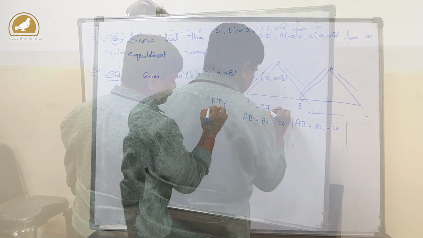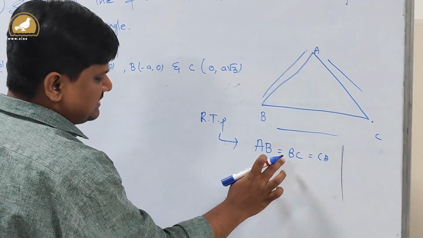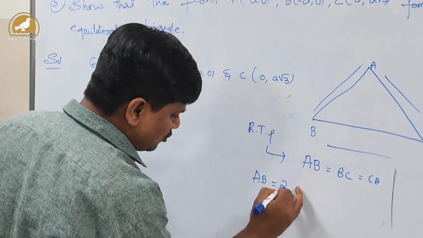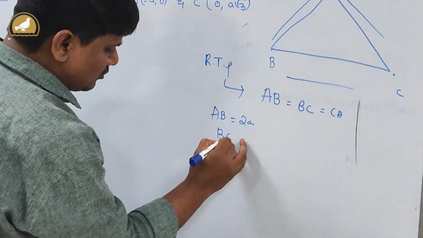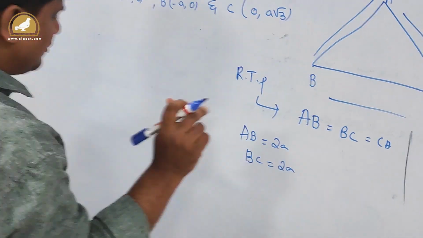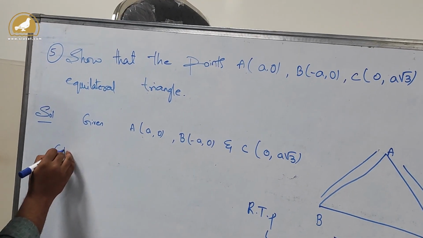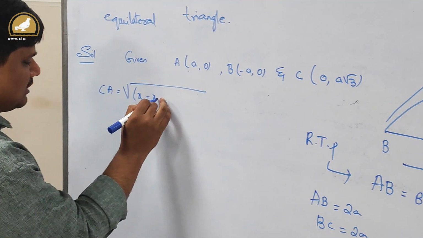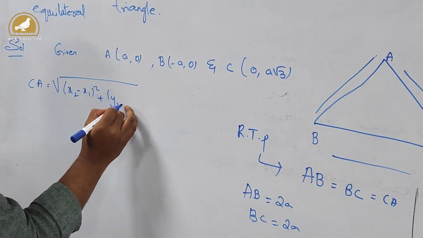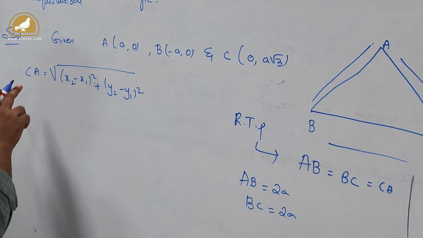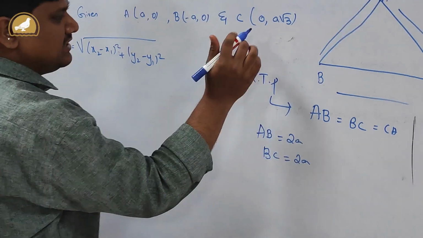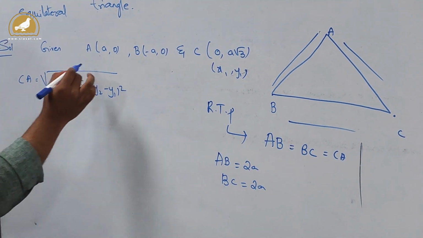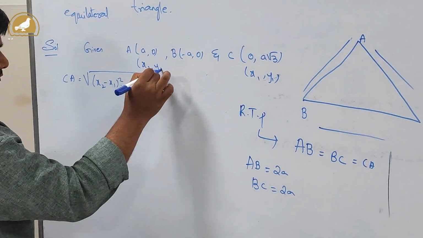The requirement to prove was this: AB is equal to BC is equal to CA. We just saw AB value as 2a, BC value is 2a. Now we need to find out the value of CA. Formula remains same: under root of x2 minus x1 whole square plus y2 minus y1 whole square. But here for CA, the value of C will be x1, y1, and the value of A will be x2, y2.